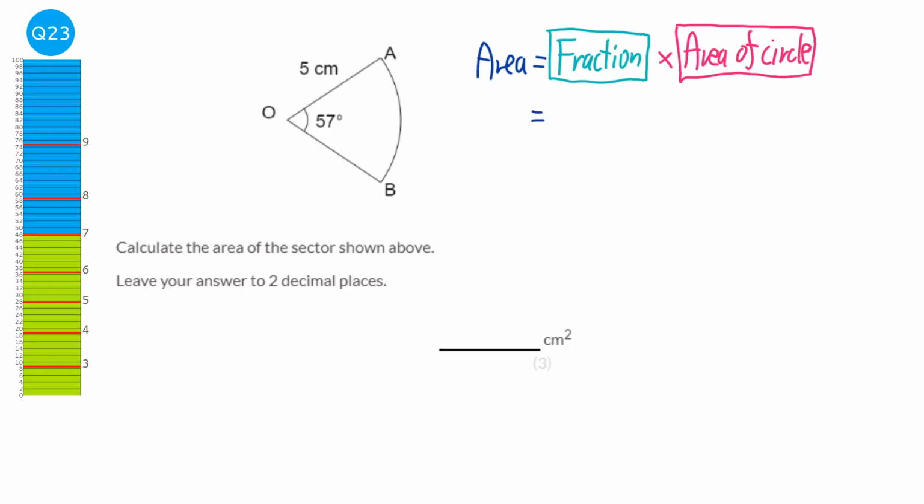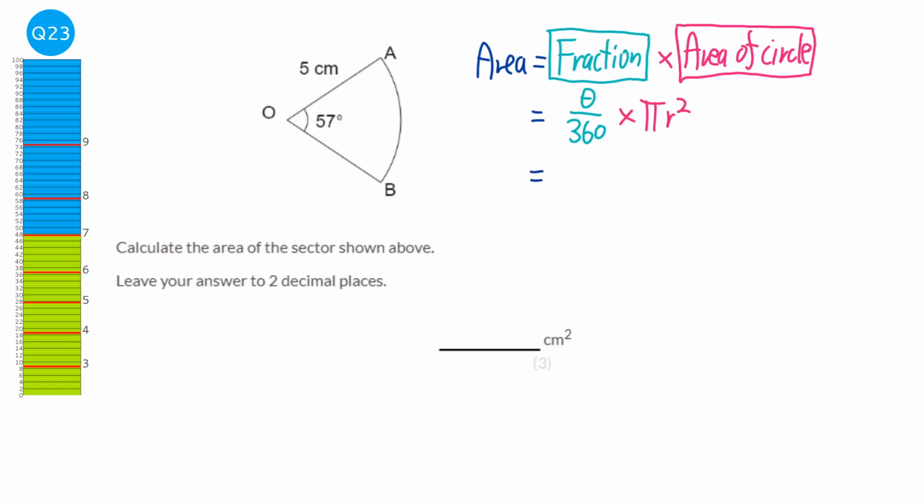So to work out the fraction of the circle we get the angle that we have in the sector, and we divide that by the total amount of angles in a circle, which is 360. Then we times that by the area of a circle, so pi r squared.